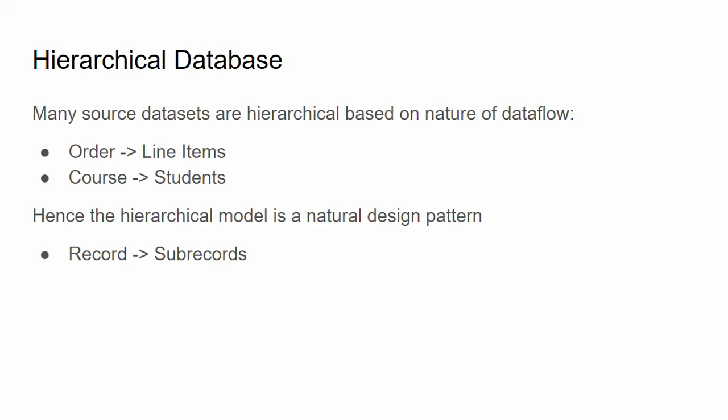But the problem with the hierarchical data model is that if you just try to analyze the data through the hierarchy, that's perfectly fine. But what if you want to do some cross hierarchy analysis? For example, course and student. There's a bunch of students in this course and a bunch of students in that course. If I want to analyze the average grade of this course, that works.